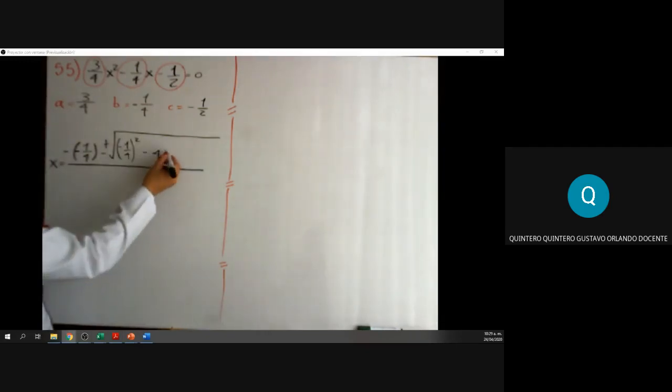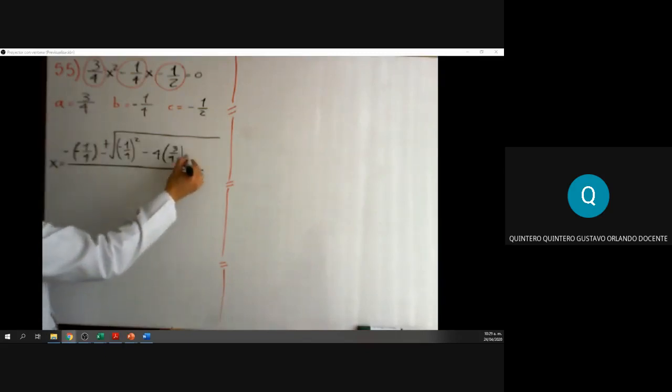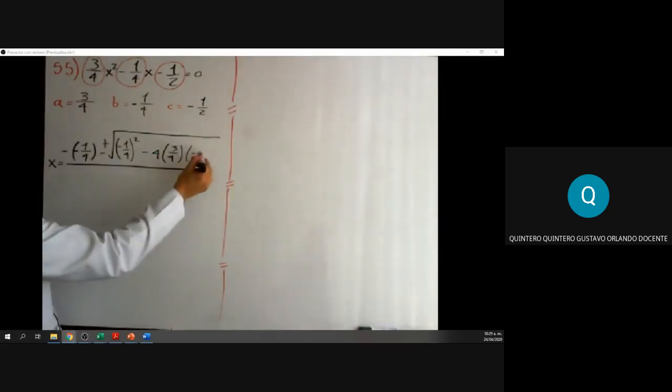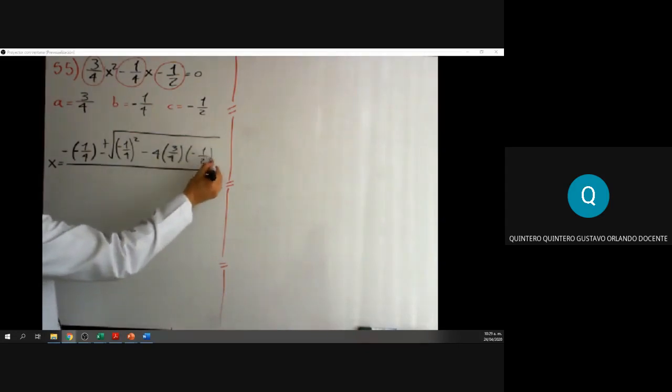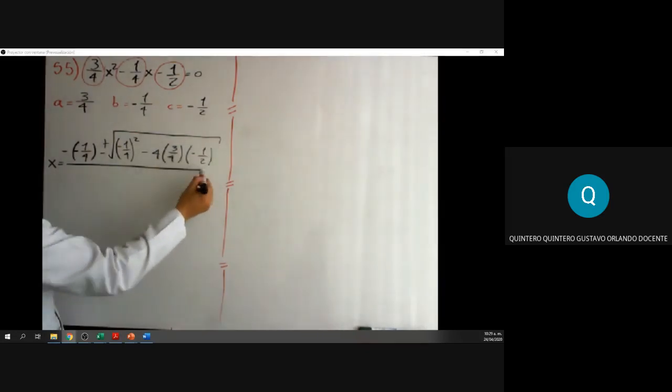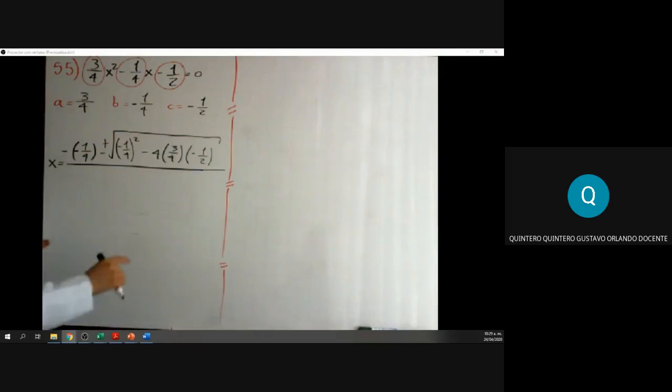And inside of the root, we have a lot of numbers. We have b squared. So we have negative 1/4 to the 2, minus 4 times the value of a, which is 3/4, times the value of c, which is negative 1/2. That was the numerator.